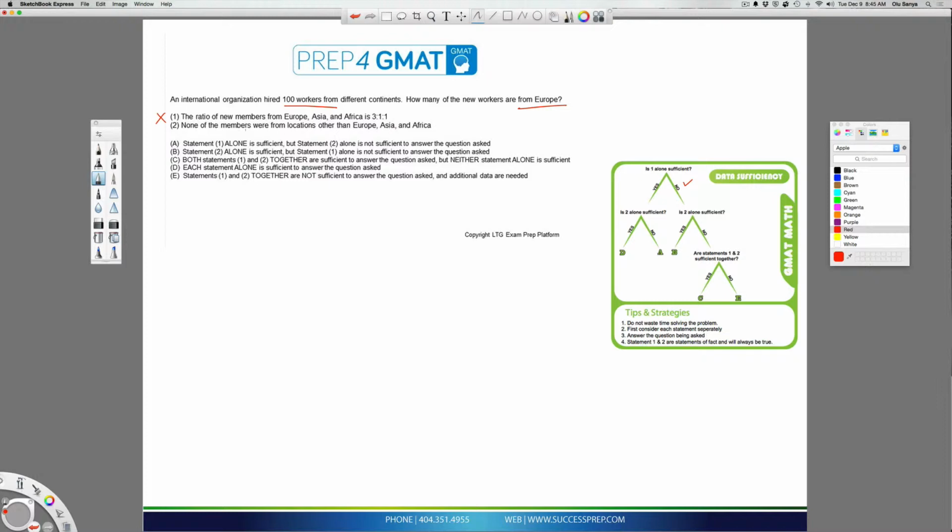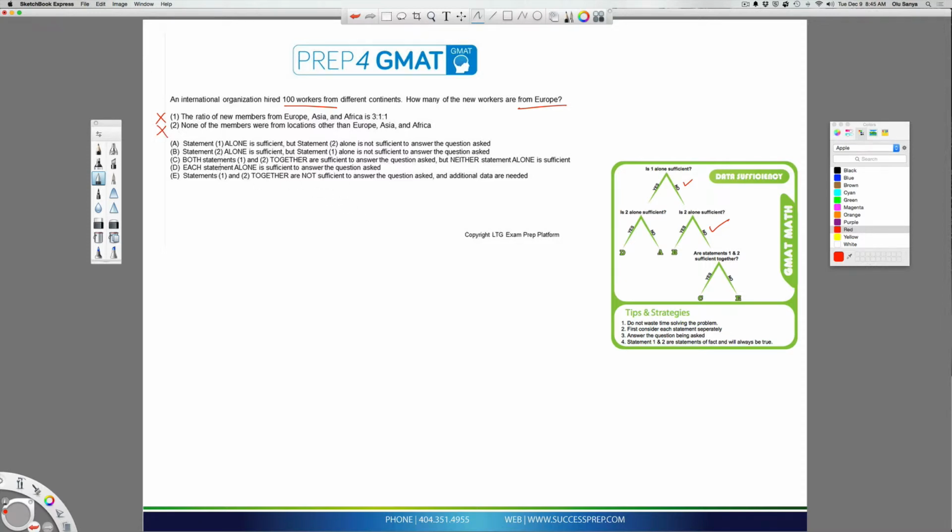But looking at statement 2 alone, you have no information about what the ratios are for those continents. The danger here is that because you just read 1, you use that with 2, but you cannot, because the map tells us that you need to be looking at 2 alone. So is 2 alone sufficient by itself? That is a no. So we're going to go ahead and say no there.